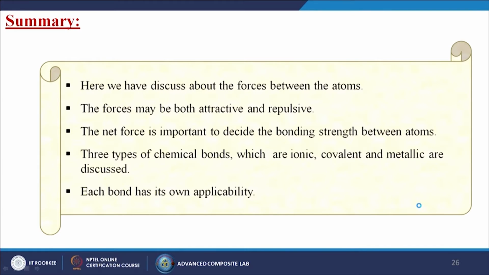Here three types of chemical bonds, generally ionic bonds, covalent bonds and metallic bonds, we have discussed elaborately, and each bond has its own applicability. Based on that, the material's crystal structure, physical properties and chemical properties are totally dependent. Thank you.